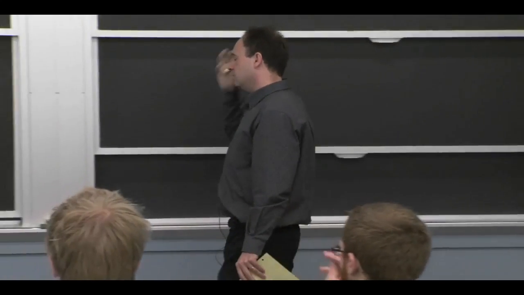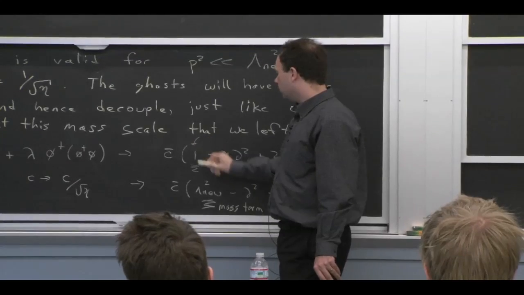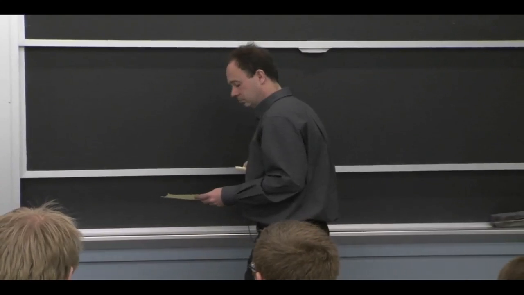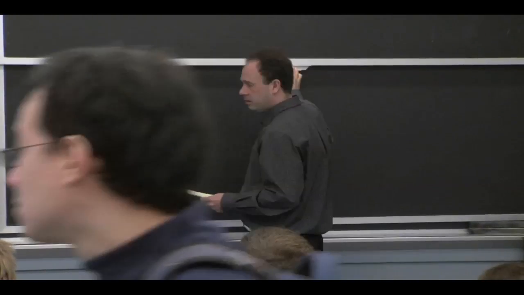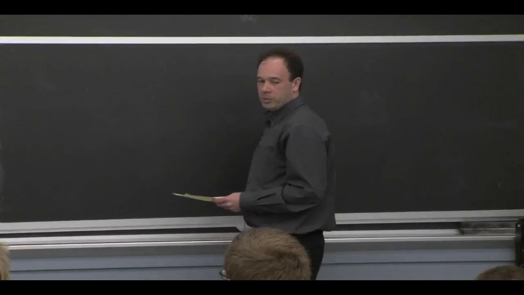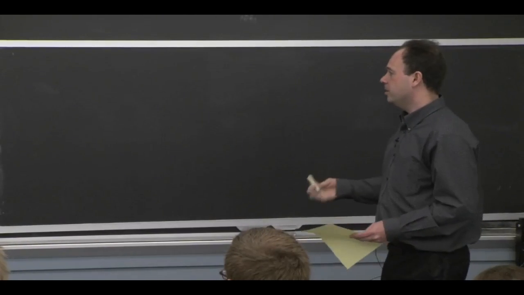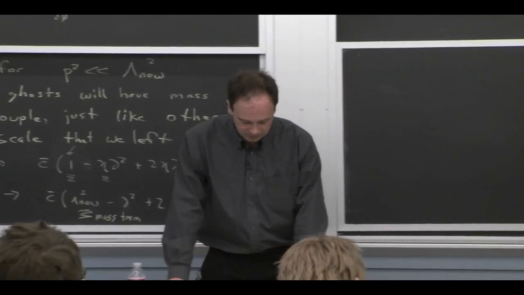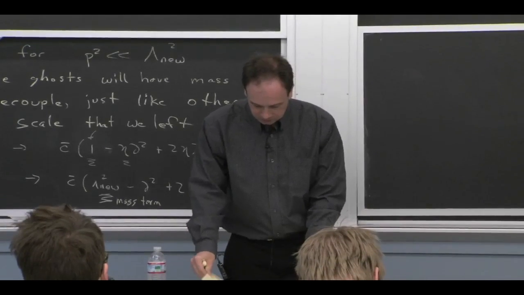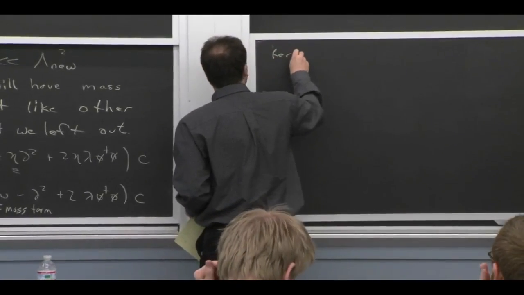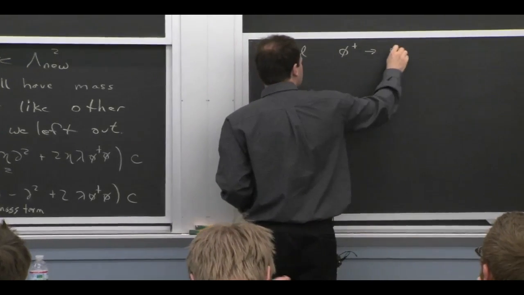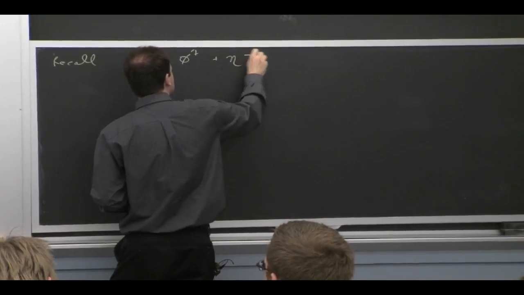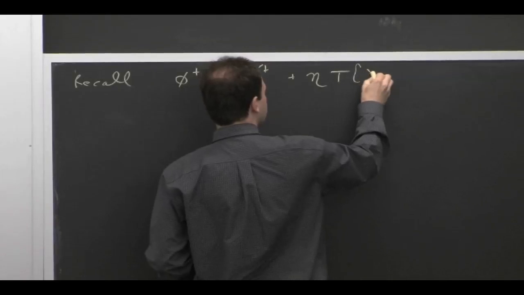So the important point here was that you did need this 1. This 1 was playing a very important role in this argument. If the 1 wasn't there, this wouldn't work. And that 1 was related to something that was part of one of our starting assumptions, that when we made the field redefinition, the 1 particle states would stay the same. So if you look back at what our field redefinition was, and you trace back where that 1 came from, we had a field redefinition that was of this form, and this guy was a function of other fields.